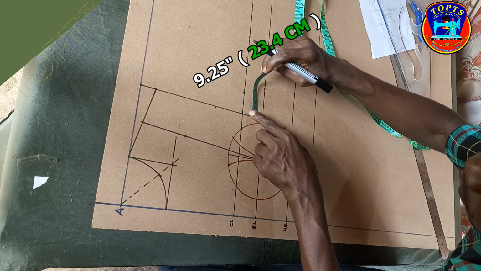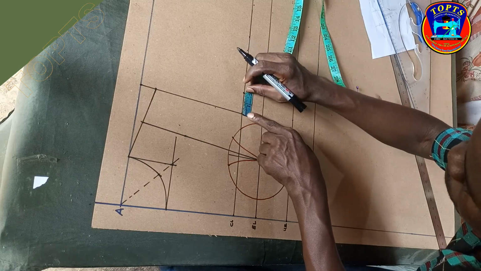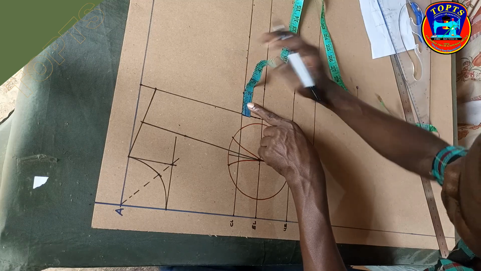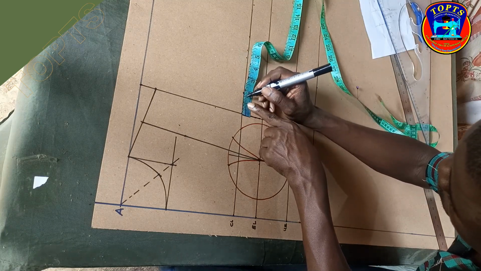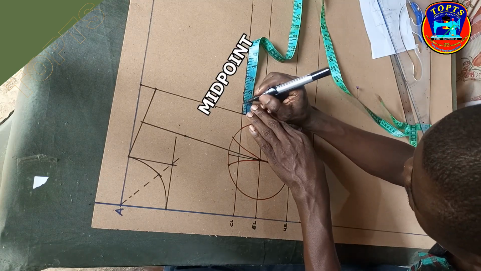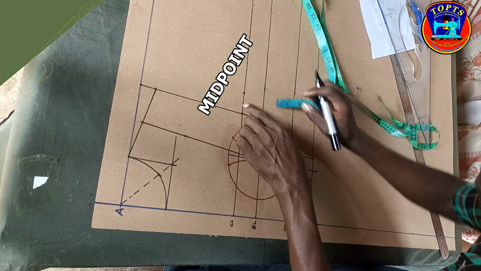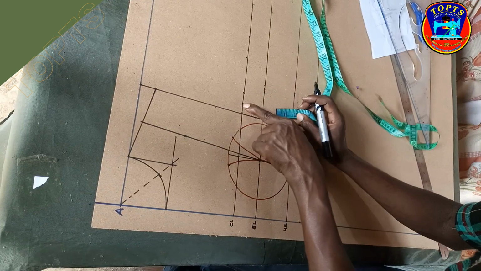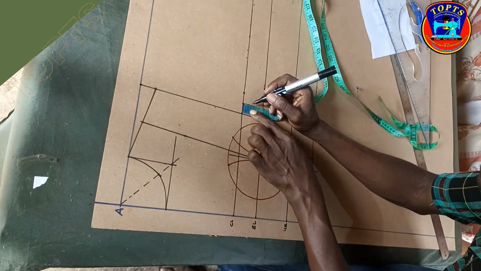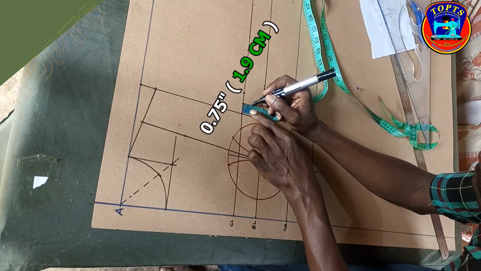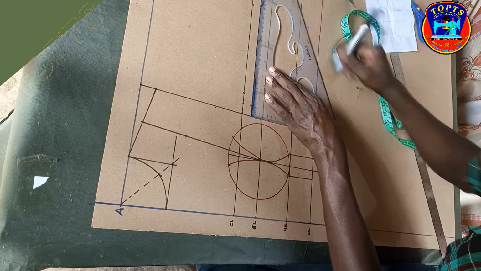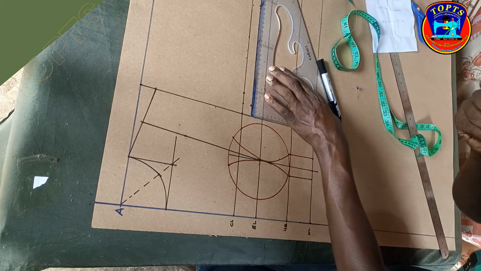Then I come at this point, I measure this distance to here, I divide by 2 to get the midpoint. So here is my midpoint. Next is to shift my chest line for the bustier. At this midpoint, I mark downwards 0.75 inches for the shift of my new chest bustier working line.